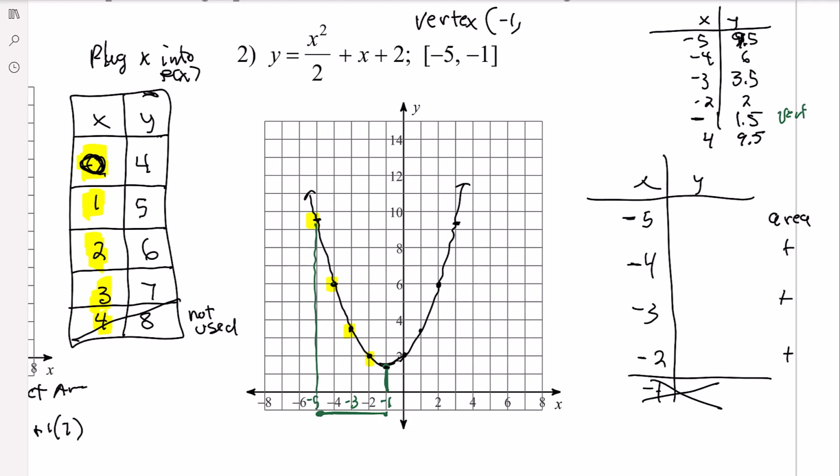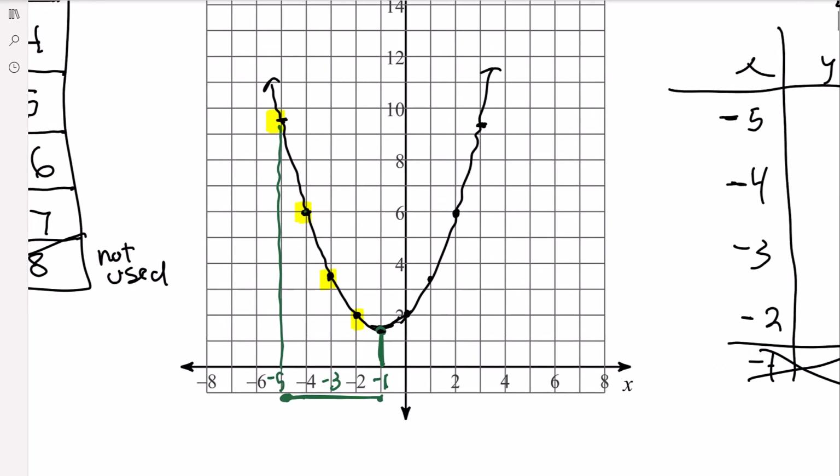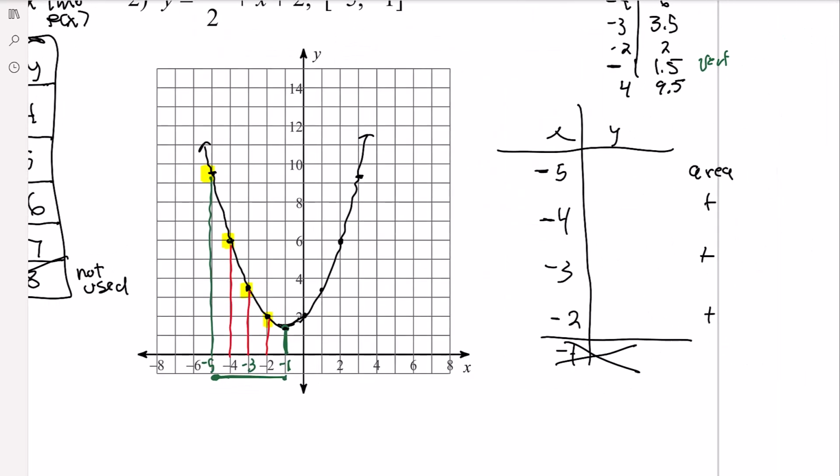All right, so here's the process. We're going to count by units of 1, and we're going to draw a line. So look at that, creates 4 rectangles.